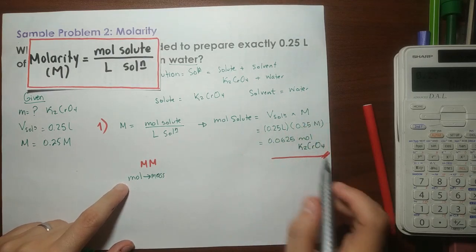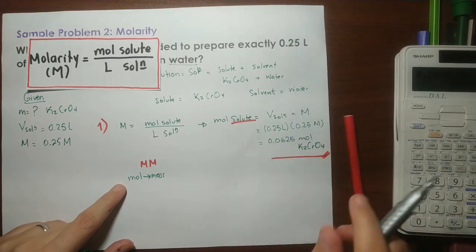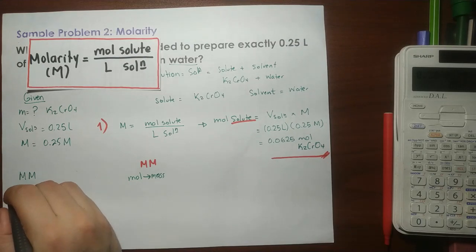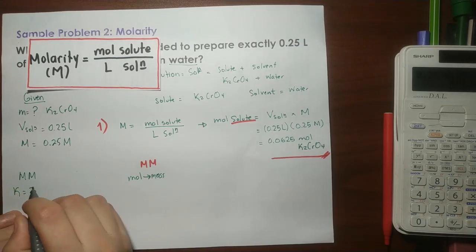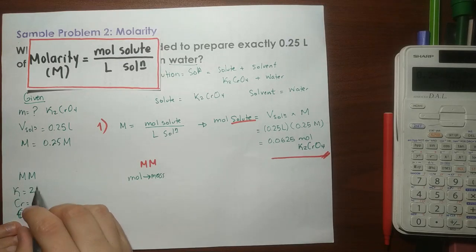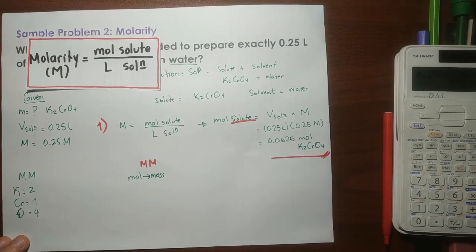Molar mass of what? Of the substance that we're talking about, the solid. So we're gonna get the molar mass of potassium chromate. We have 2 potassiums, 1 chromium, and 4 oxygens. And I'm going to write their molar masses that I have right here.